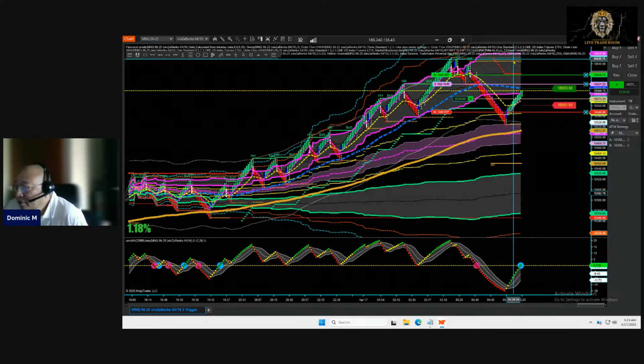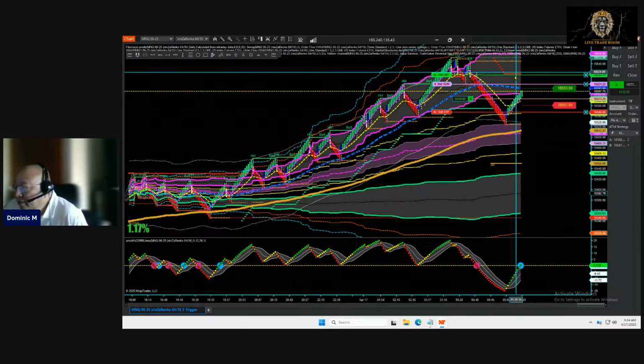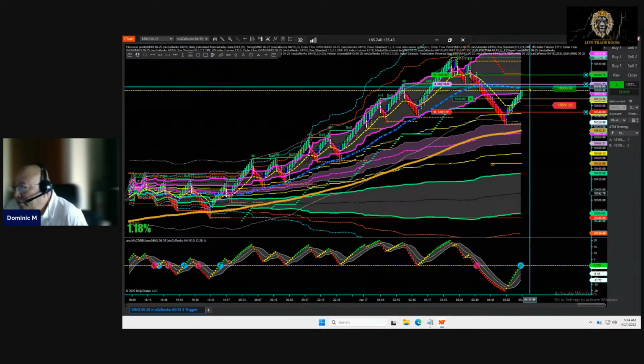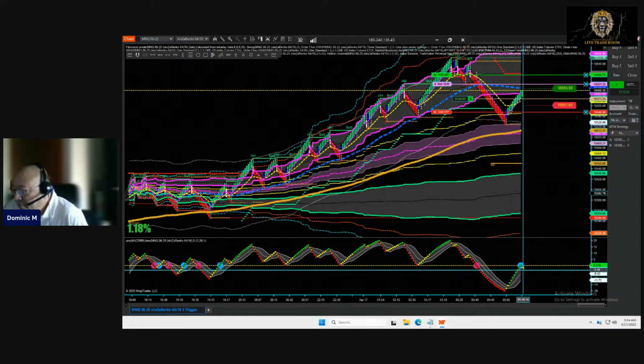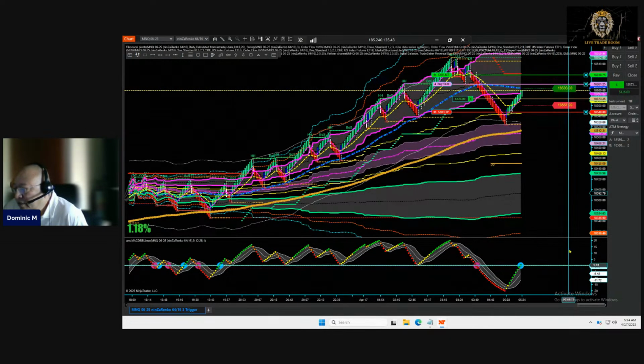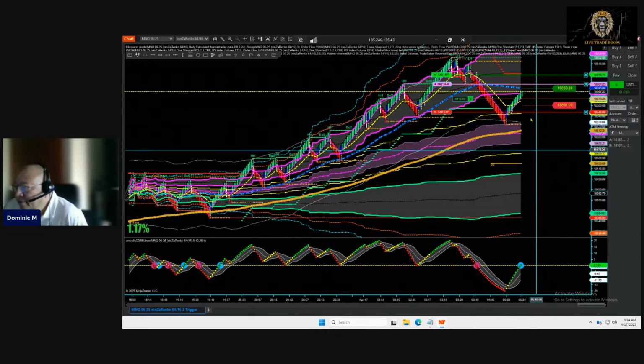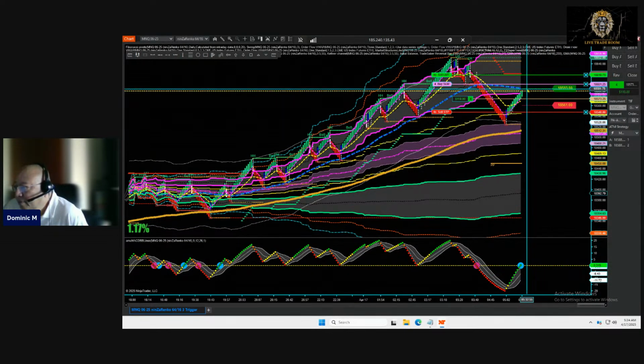It's really up here. But now I'm just basing on this trend indicator. Right now we have fairly strong momentum, so it may just bust over that because we're getting above the zero line right now. But again, it may just bounce off the mid band here and come back down.